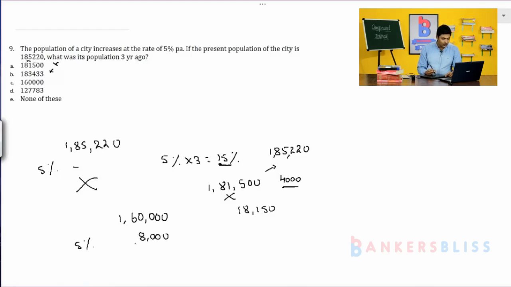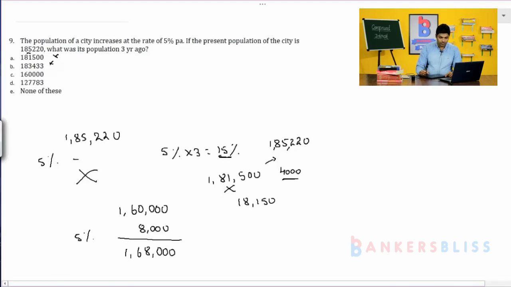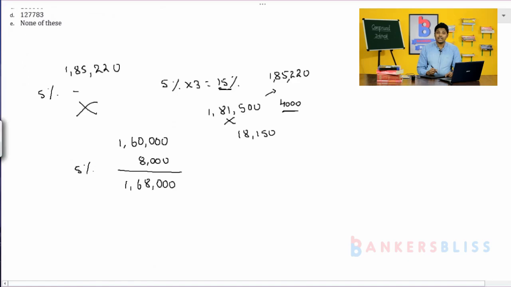So after 1 year, you are going to get 1,68,000. Now you have to calculate 5% again. So 16,800 is the 10%, so 5% is 8,400.